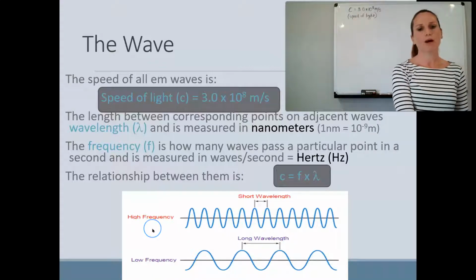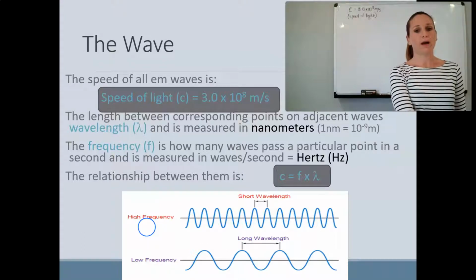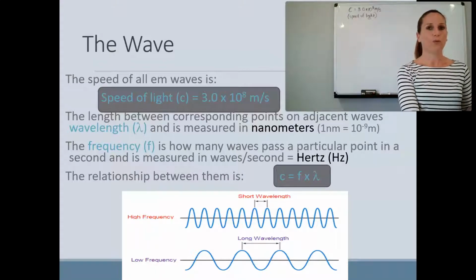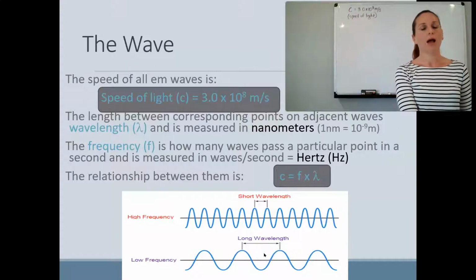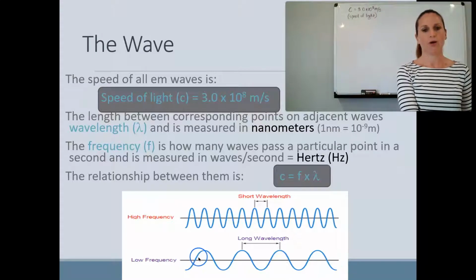When we're talking about frequency, we are measuring how many waves pass in a given amount of time. So imagine that each of these black lines here represents the same time frame, maybe 1 second. If we were to look at the low frequency wave, in this 1 second of time, we would say that 1, 2, 3, 4 waves have passed.